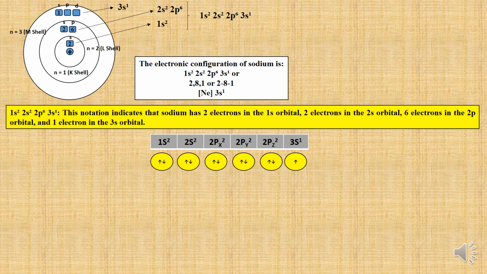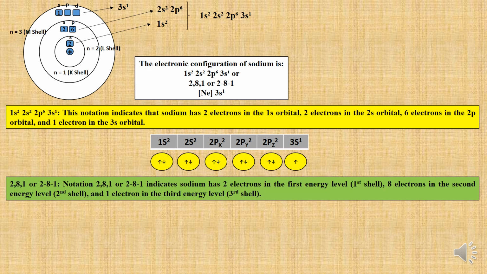Now coming to the shorthand representation of the electronic configuration of sodium, that is 2, 8, 1 or 2-8-1. Now what does this notation refer to?